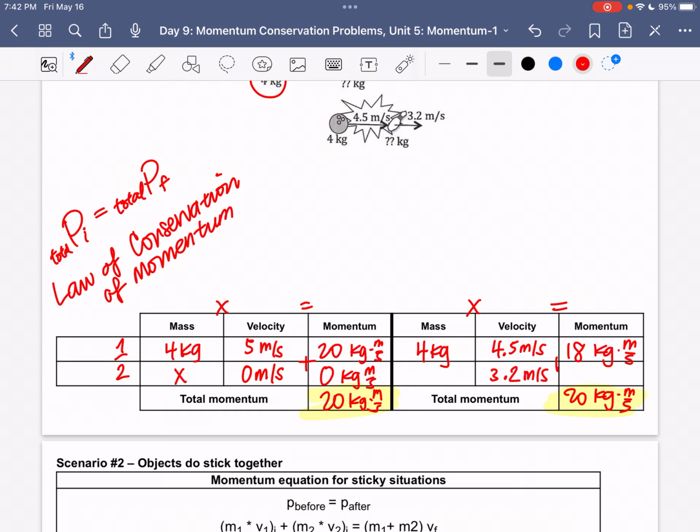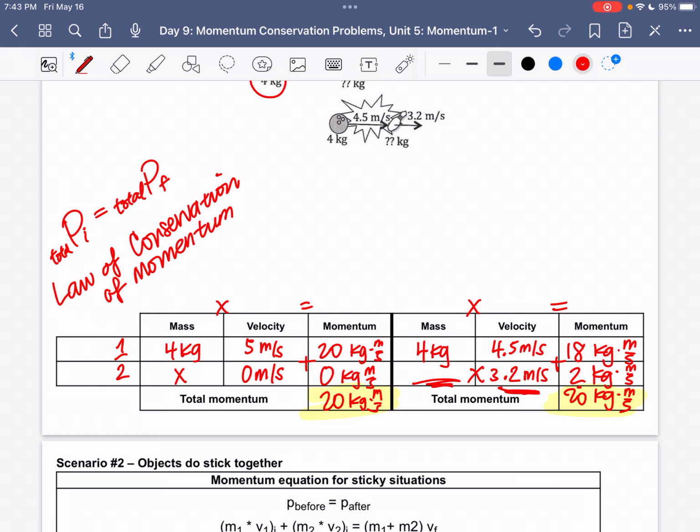We know that the momentums have to add together to get 20. So 20 minus 18 is 2 kilograms times meters per second. Now, because we know that this times this equals this, we can use that to divide.